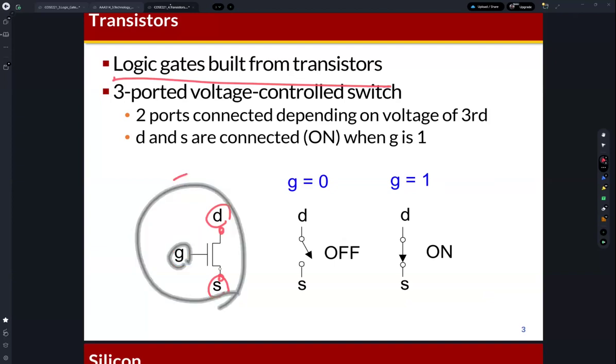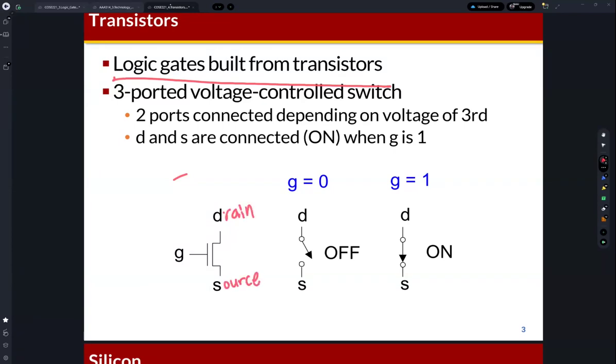D is the drain, S is the source, G is the gate. A transistor has three nodes, which means we can connect the three nodes of the transistors and build an electric circuit.